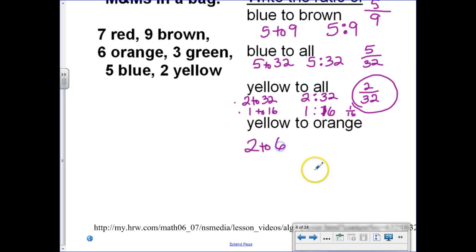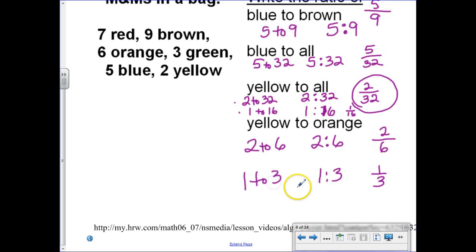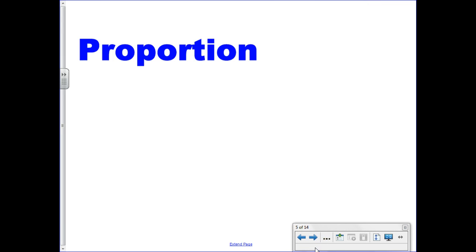So you could write it as 2 to 6 with the colon, or 2 to 6 as a fraction, and then you might say it's not in simplest form. So I better write it as 1/3, or 1 to 3. If you write it in words like this, I'm not going to mark it as incorrect. I just want you to now get back into your fraction mode and think about simplest form. All right, so that's what a ratio is.